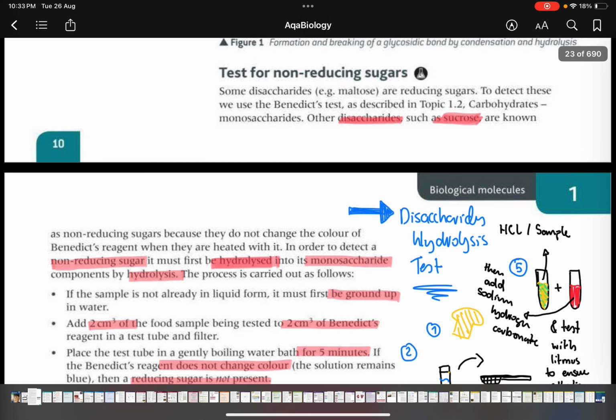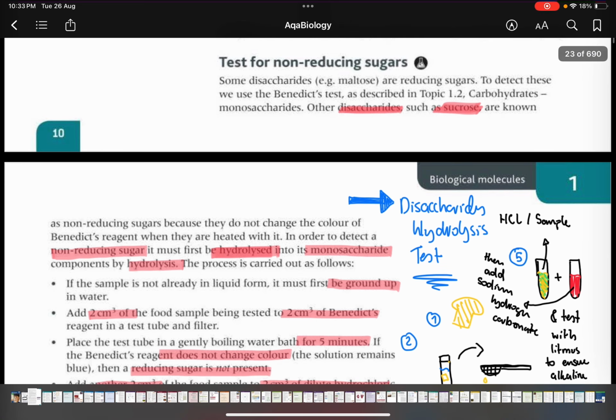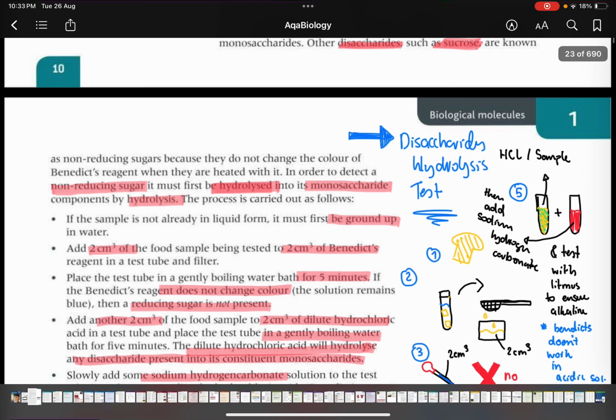Now, the test for non-reducing sugars is a little bit more complicated, but not to worry. For example, sucrose is a non-reducing sugar, unlike, I think it was maltose, that was a reducing sugar. That was also a disaccharide.